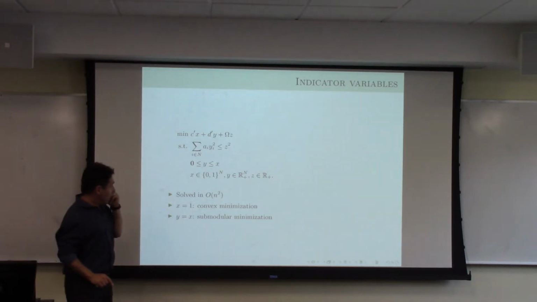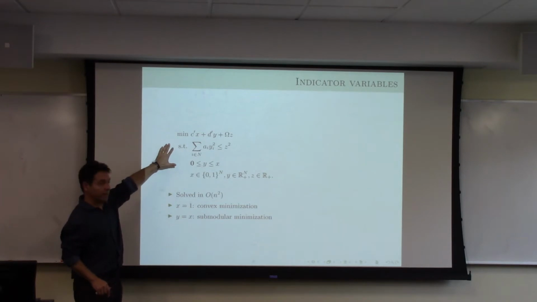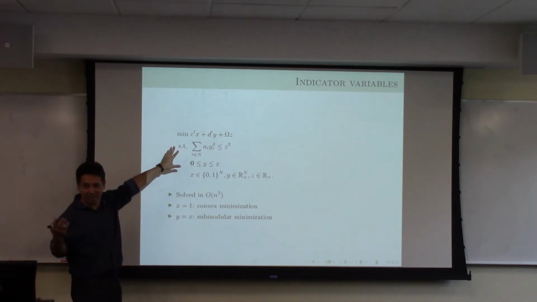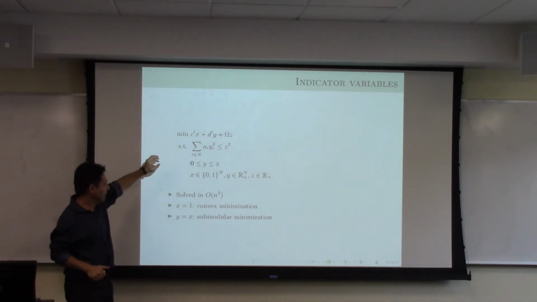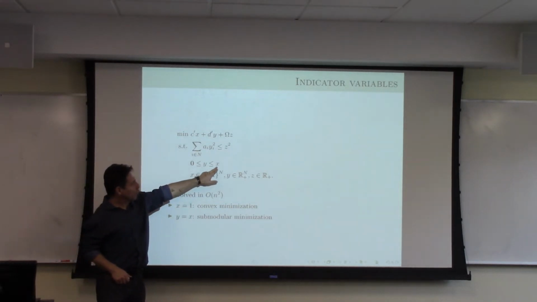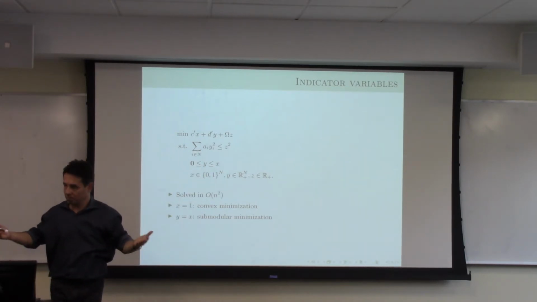So this can be solved in n squared time. This optimization problem is easy to solve. So we should do a good job in understanding its convex hull as well. If I fix my x variables to 1, then there's a problem in y, and it's a convex optimization problem.